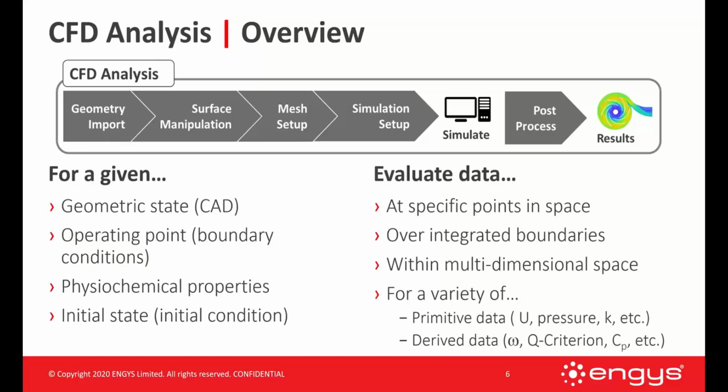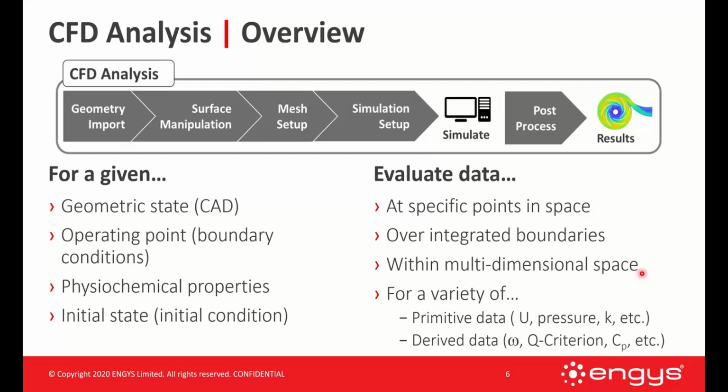So overall, for a given geometric state, or for a given operating point, a set of boundary conditions, different physiochemical properties, a different initial state, we seek to really evaluate data. I went very broad here. Sometimes we would say evaluate performance, but evaluate data at a specific point in space, over integrated boundaries, within multidimensional space.